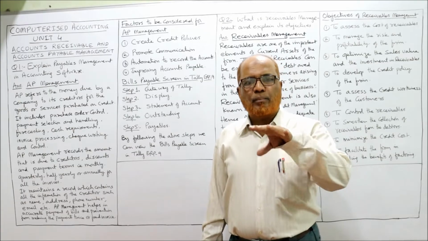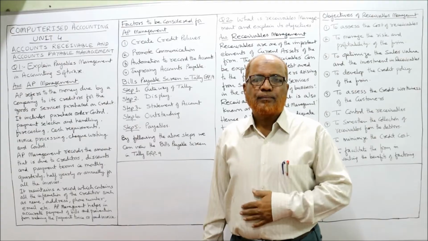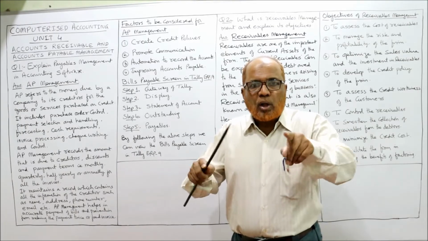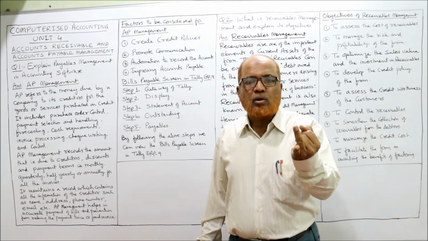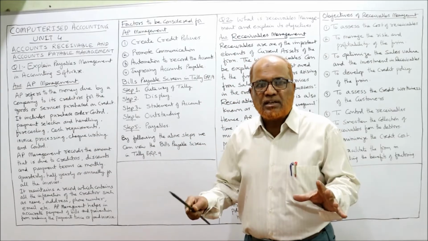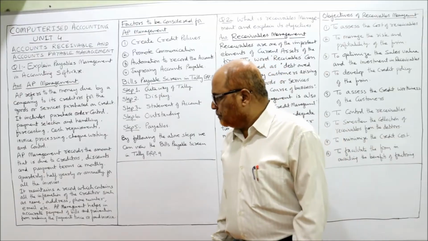Whether we have to make the payment monthly or quarterly or half yearly or annually. What is the schedule of payment? So all these three things, amount of payment, any discount given by the supplier, and what is the schedule of payment, these three will come under accounts payable management.